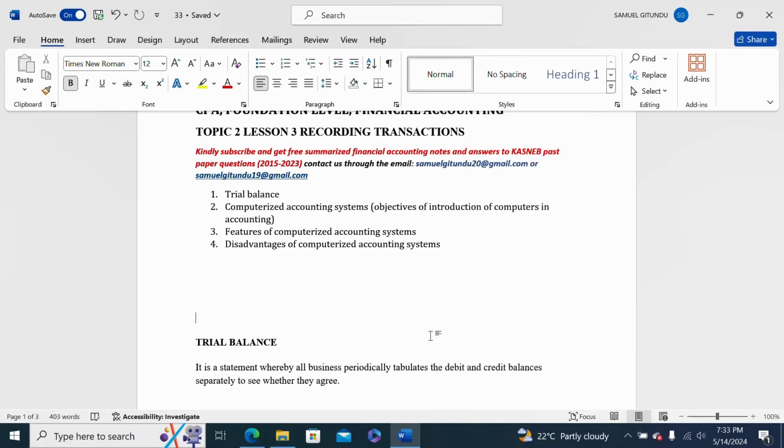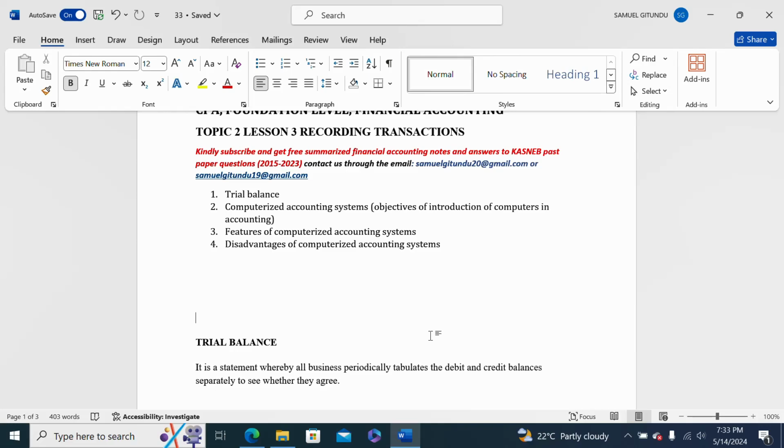Therefore, all the transactions have both a debit and credit entry, and the tool that is used to find out whether those debit and credit balances do agree is called a trial balance.